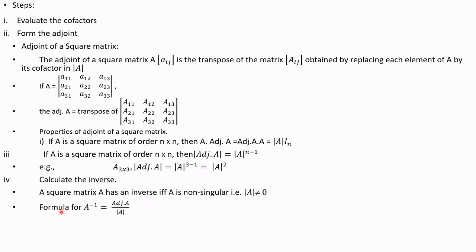Next we have to find the inverse. A inverse is given by adjoint of A divided by determinant A. That is, we have to find the value of the determinant and divide adjoint A by determinant A. Also, the determinant of the inverse of A is equal to 1 by determinant A.